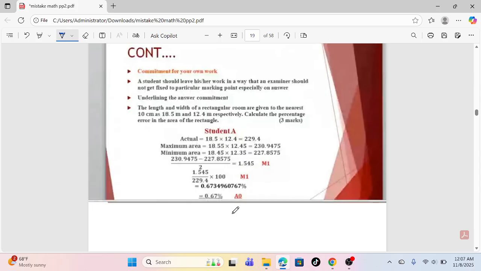Commitment to your own work. A student should present his or her own work in a way that the examiner is not fixed to a particular marking point, especially on the answer.